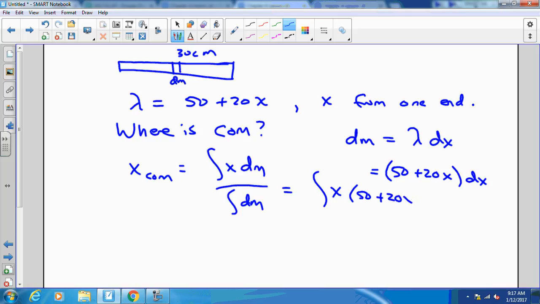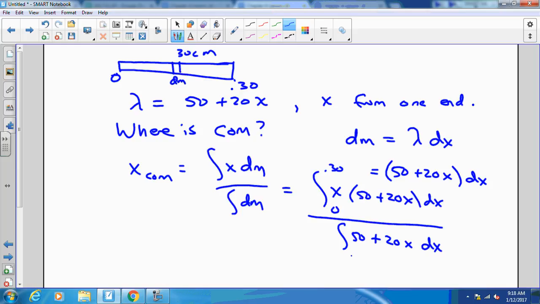So the whole thing now becomes the integral of x times dm over the integral of dm. What about the limits of integration? They're going to be from the first x to the last x. And if this is x equals 0, then this is x equals 0.30.